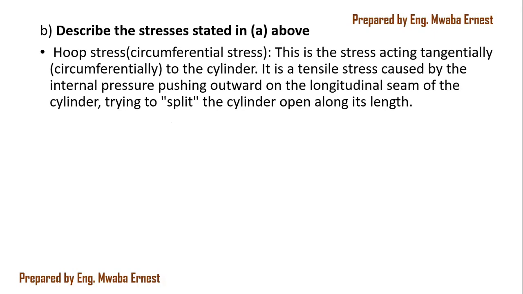This is the type of stress acting along the circumference or tangentially to the cylinder that you are analyzing. So here, it's normally felt like the kind of pressure where the internal pressure is normally pushing outwards from the cylinder. And of course, it's normally along the length.